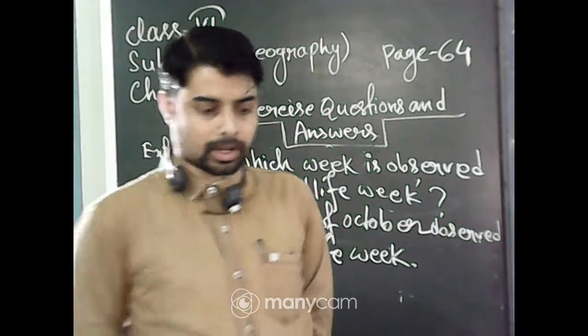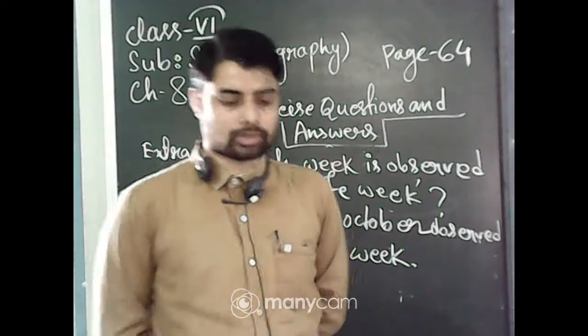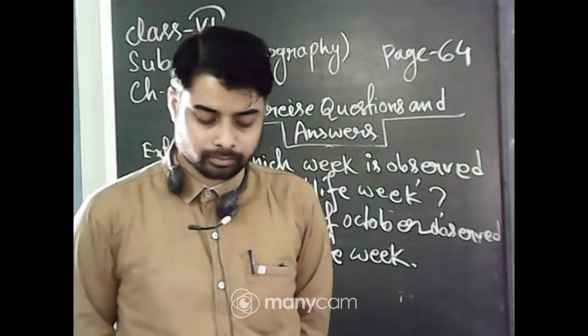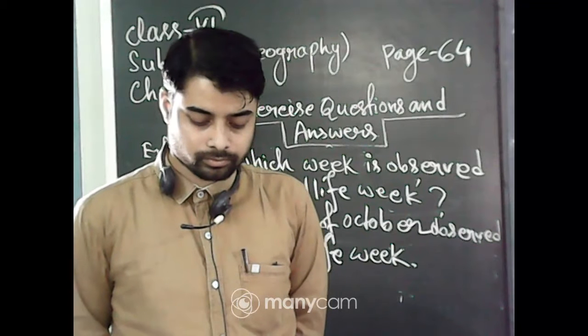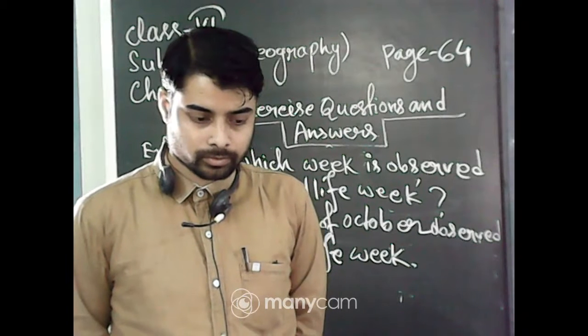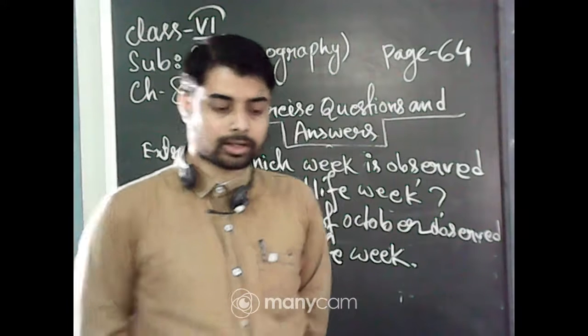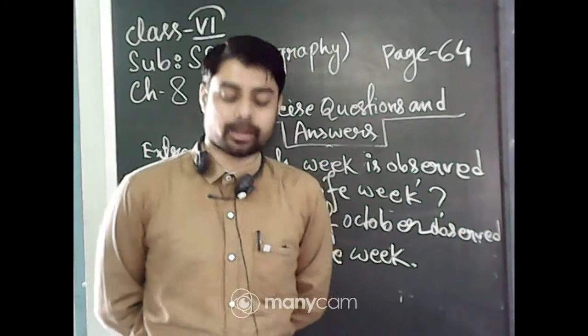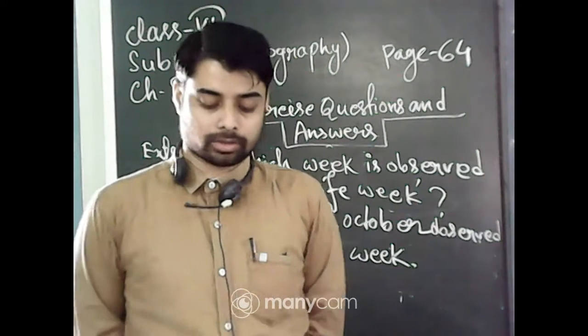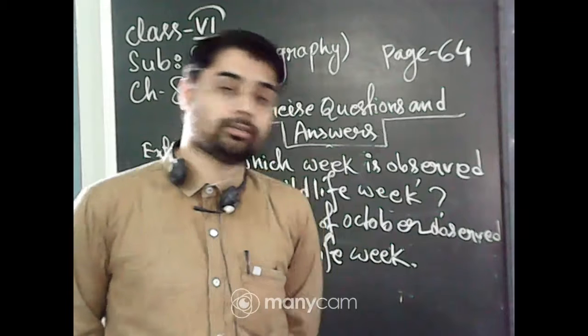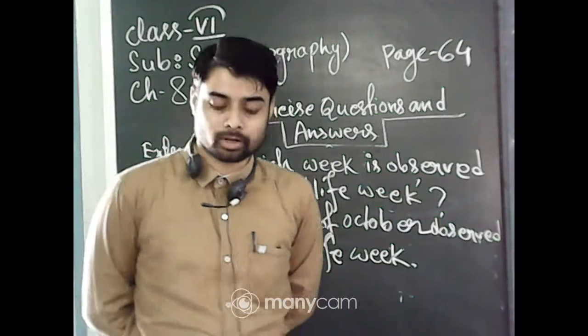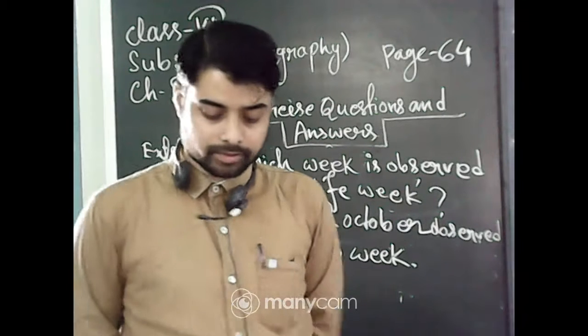Okay, one said Assam, it is also correct. Kerala also correct. And another one, it is Karnataka. So Assam, Kerala and Karnataka, and also Jharkhand. These are some states where elephants are found.